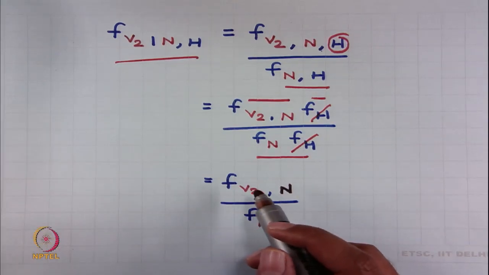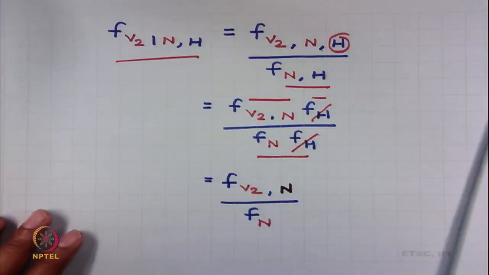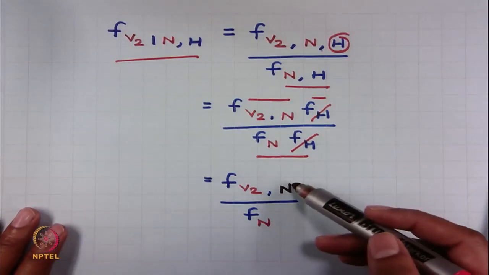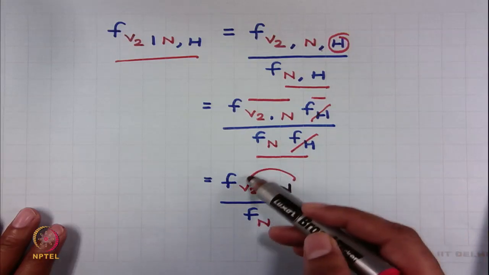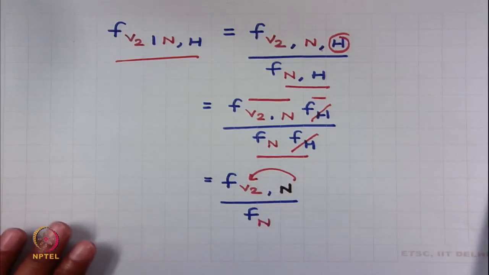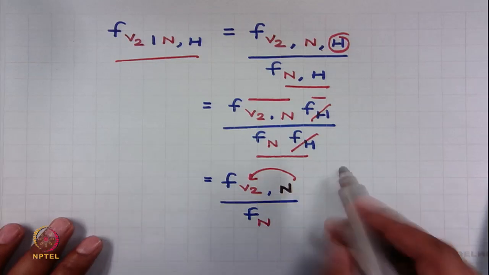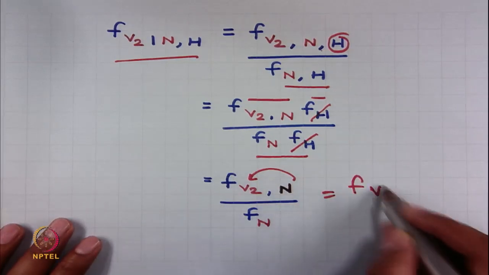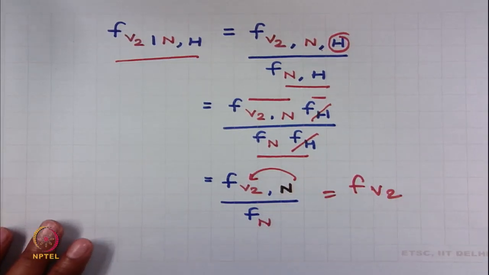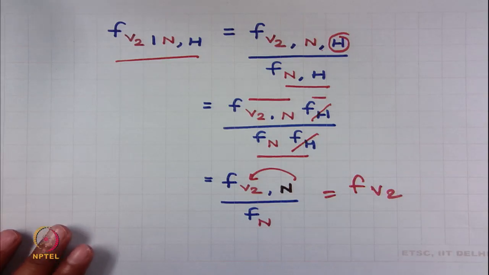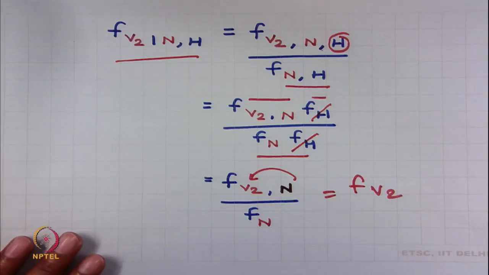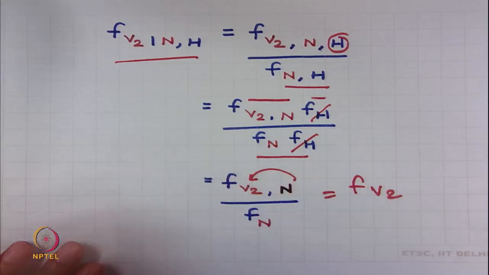And now what remains is to identify that this n is also independent of this V2, and then you can easily prove that this is nothing but the PDF of V2. So, V2 does not depend upon n, it does not depend upon hypothesis.